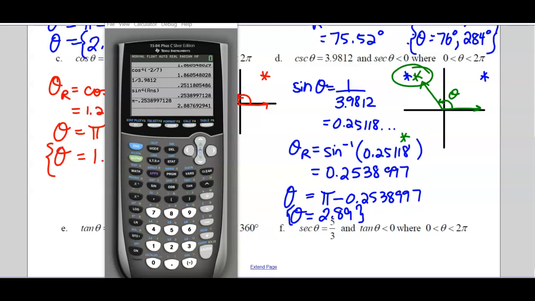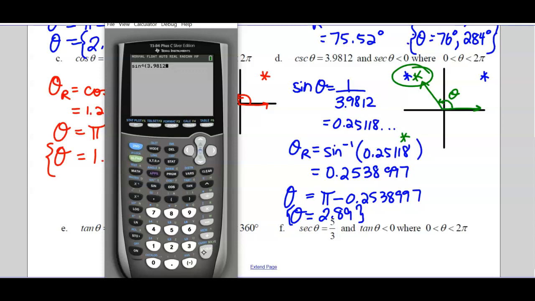And then another thing, say you forgot that cosecant was the reciprocal of sine, and you just did sine for some reason, of 3.9812. You get an error. If you go to the go-to, it'll flash on the bracket there.